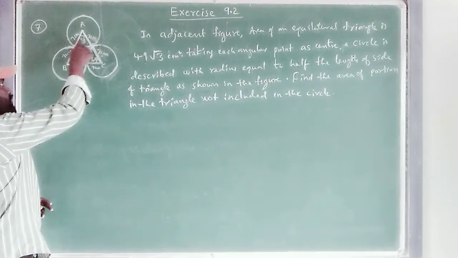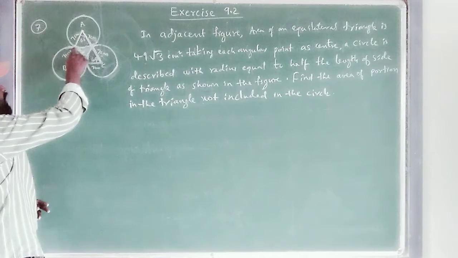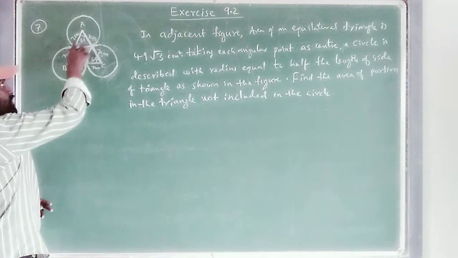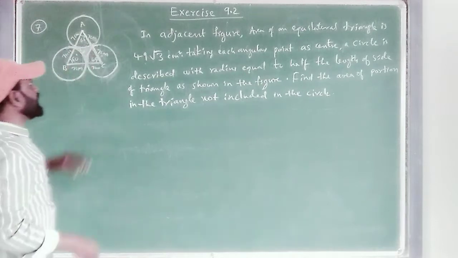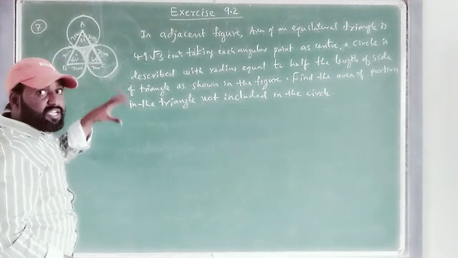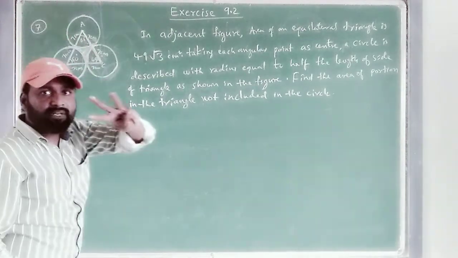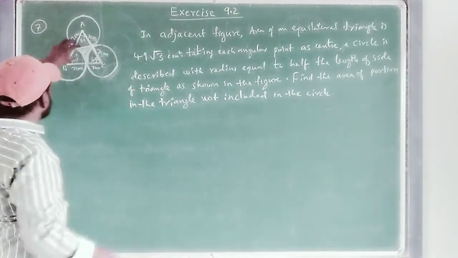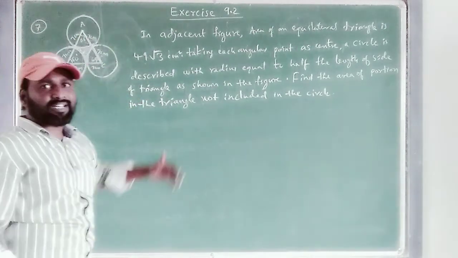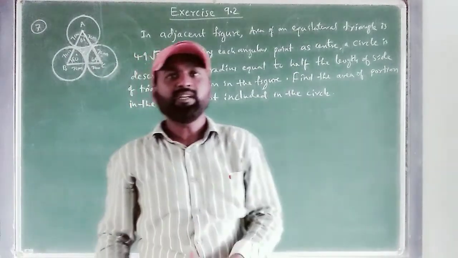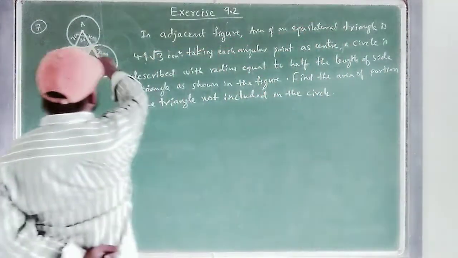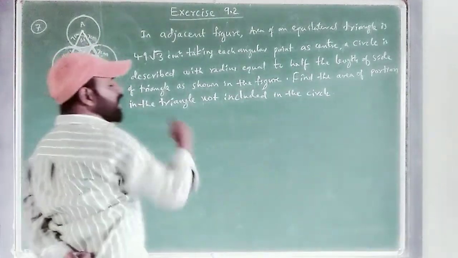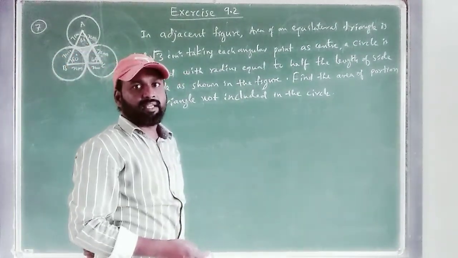These three portions belong to the circles, and this complete portion is the triangle. So the portions belonging to the circles are sectors, and we have to remove the sectors. How many sectors are there? 3 sectors. If you remove the 3 sectors from the triangle, you will get the portion which we actually require, the area of the portion which is inside the triangle but not in the circle.